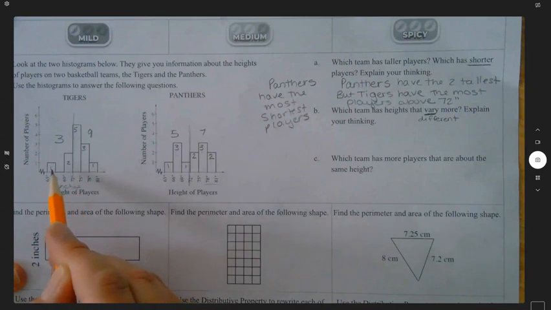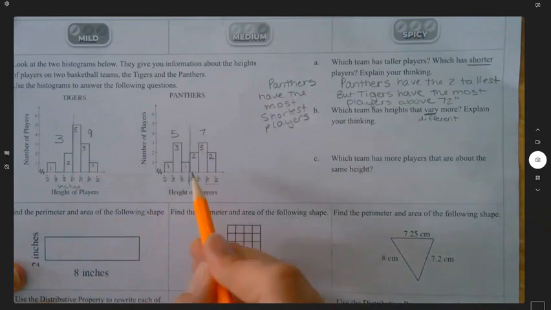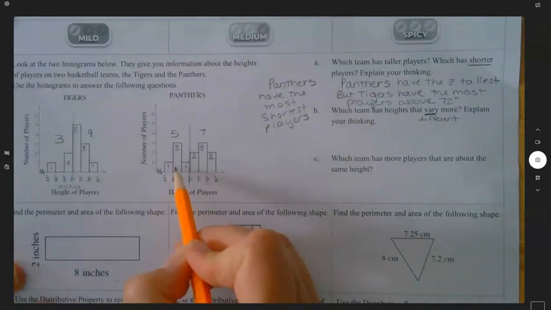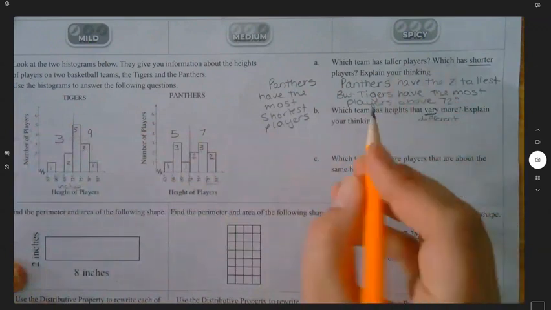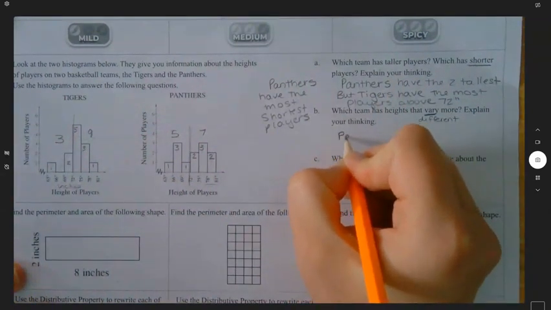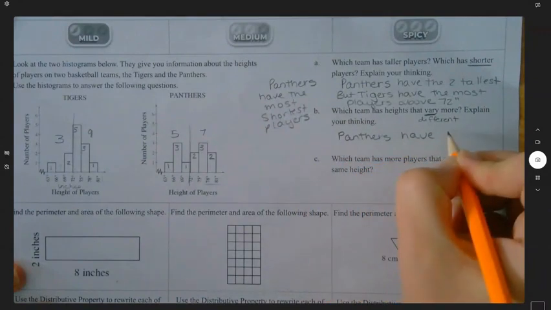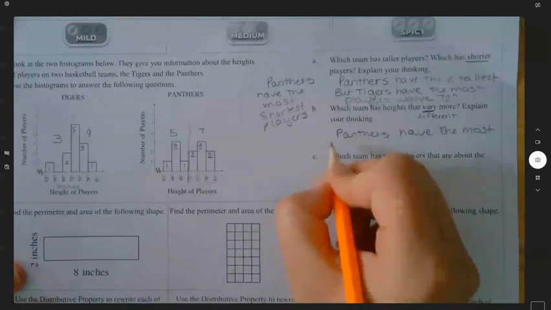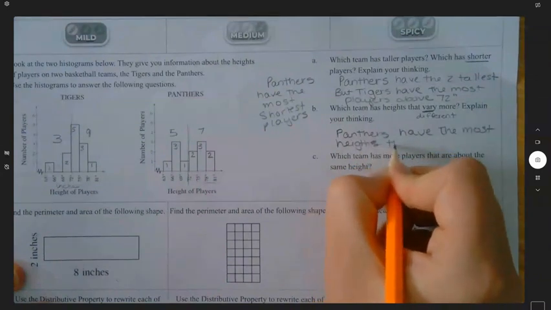So if we look here, we have like 1, 2, 5, 3, 1, and we're missing an entire portion here. Here we have players in every single height category. So we would say that the Panthers have the most varying heights. Have the most heights that vary.